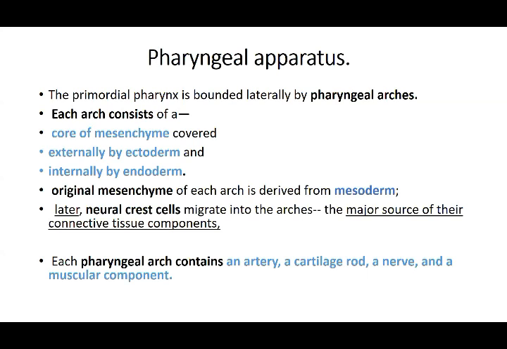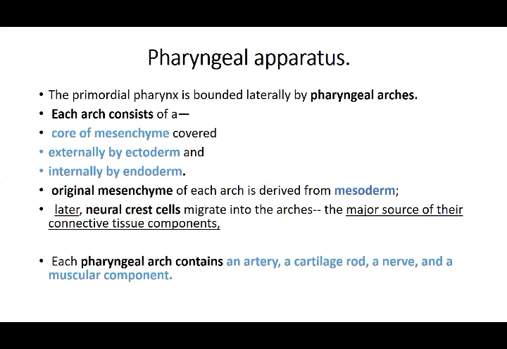The original mesenchyme, as we formerly said, is developing from the mesoderm, but later on the neural crest cells, as I've already told you, form the major source of the connective tissue components, including the bone, the cartilage, and ligaments. All that is coming from the mesenchyme originating from the neural crest cells.